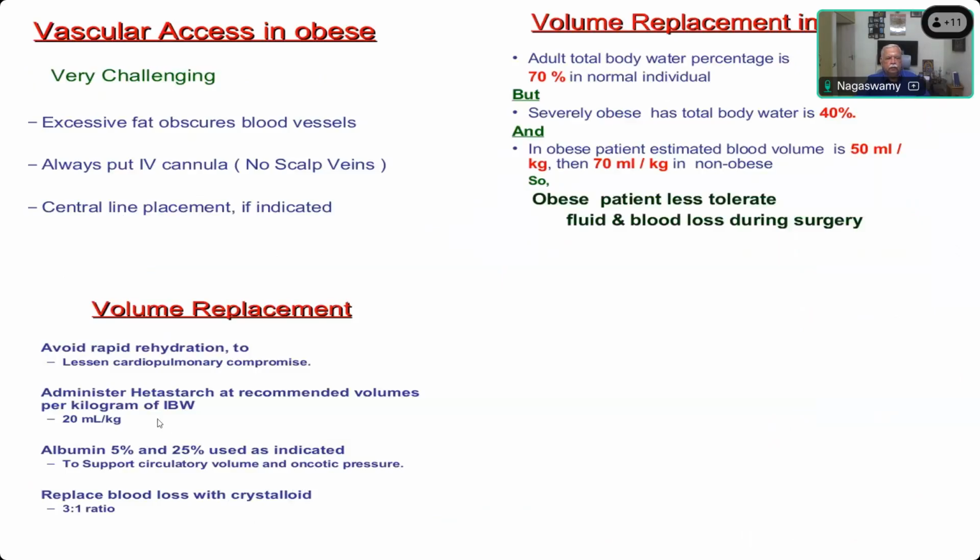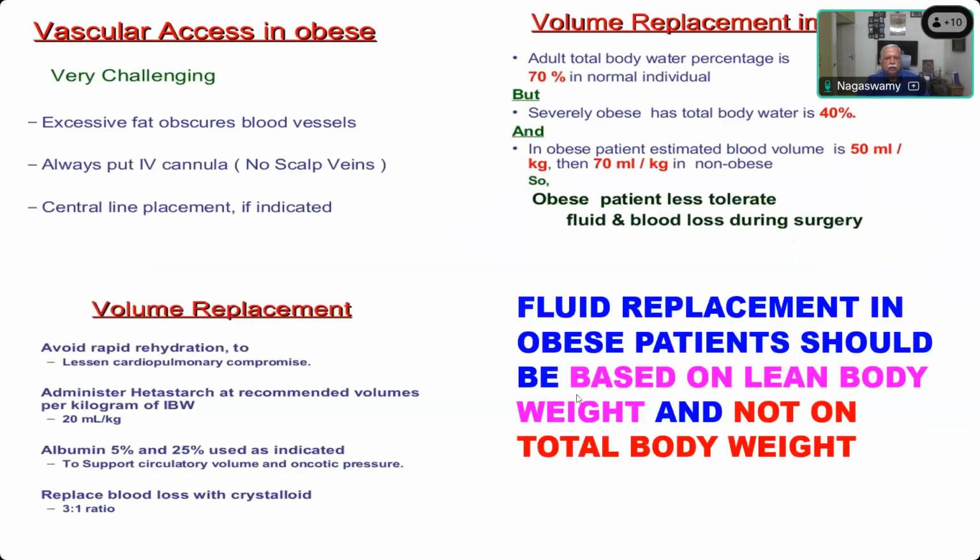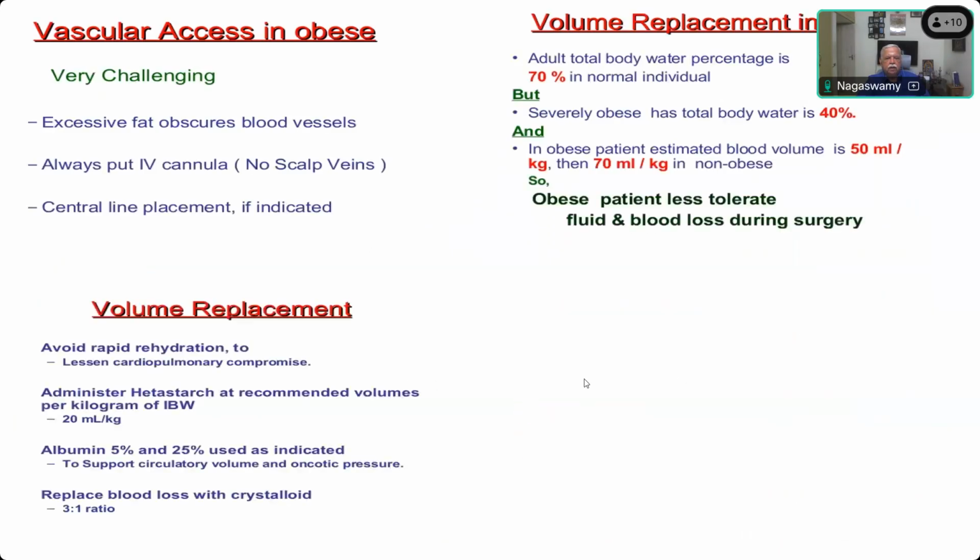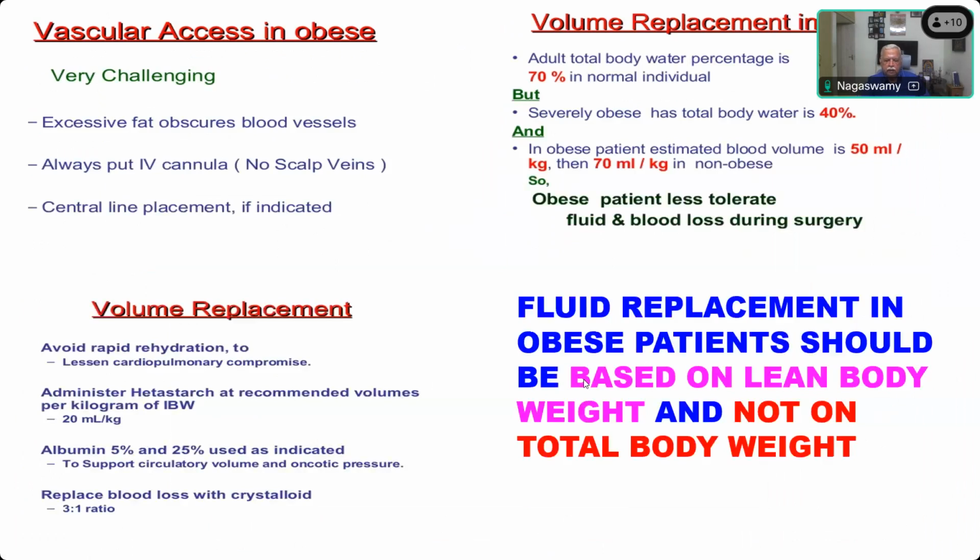And in volume replacement, avoid rapid rehydration because they have, as I told you, a lesser percentage of total body water. So fluid replacement in obese patients should be based on lean body weight rather than total body weight. So that is the thing that we have to remember.